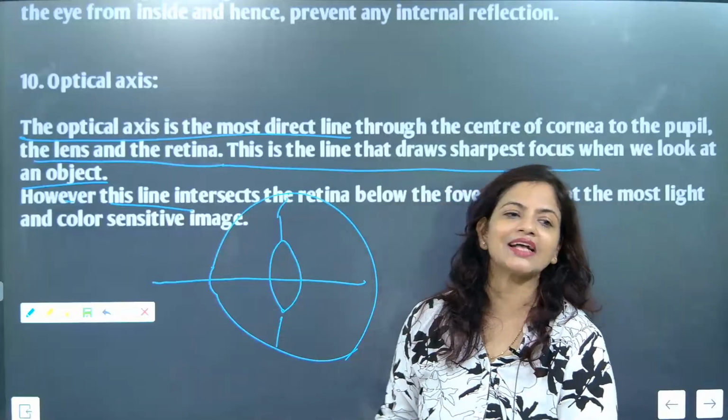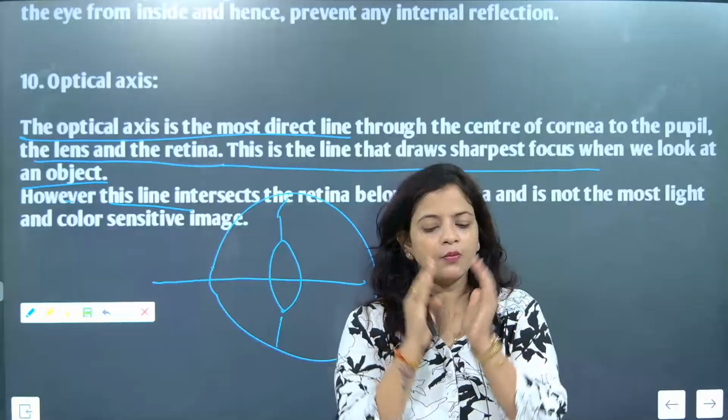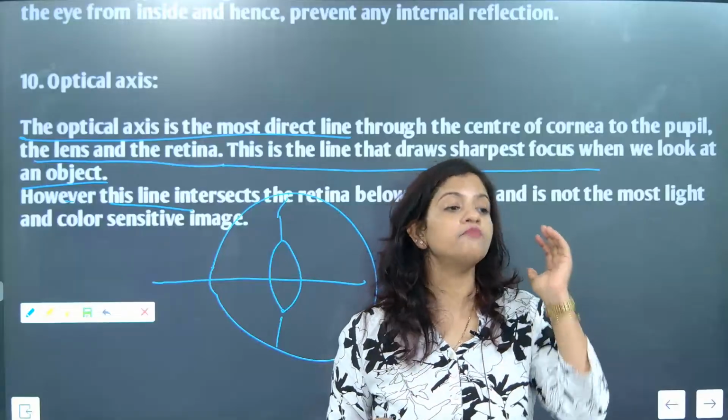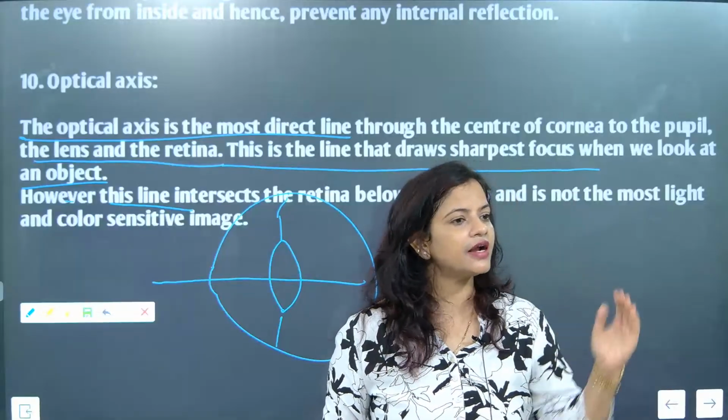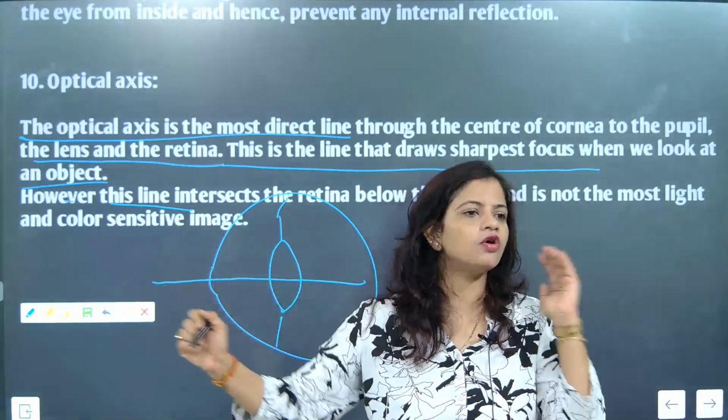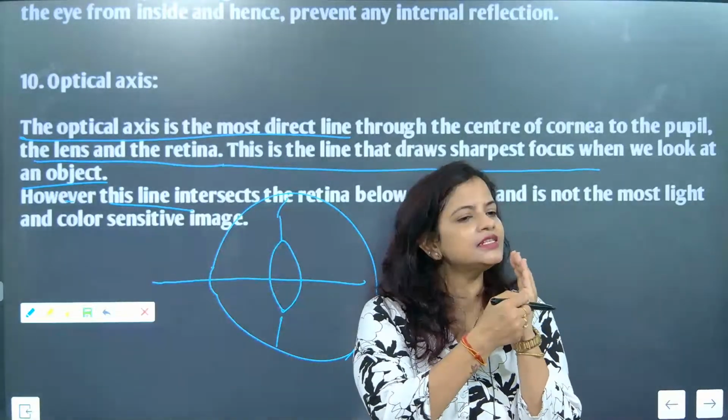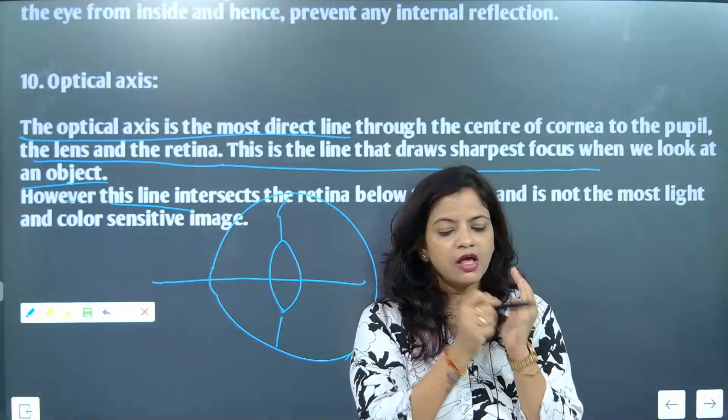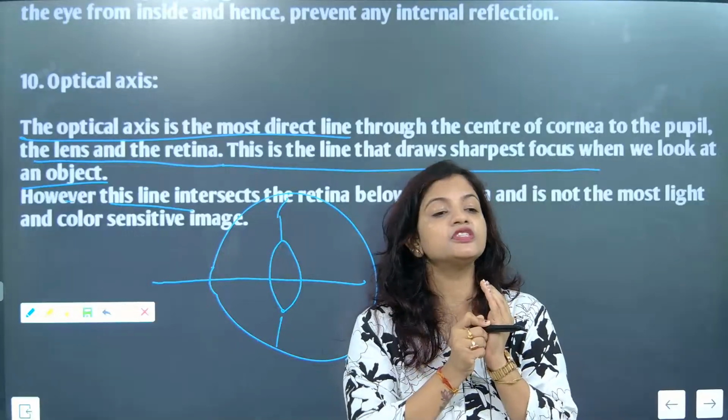Principal axis we were talking about: whenever you put any lens or mirror, you might have seen there is a principal axis on which you place the lens and the mirror. But here we are not using the word principal axis.